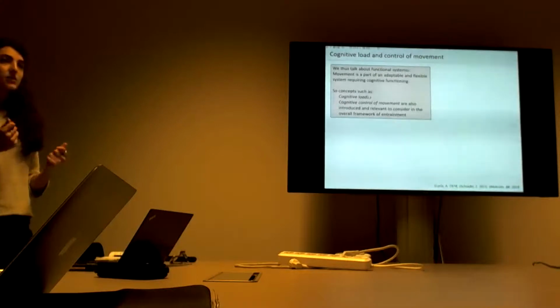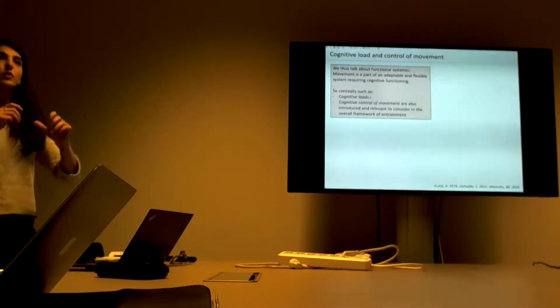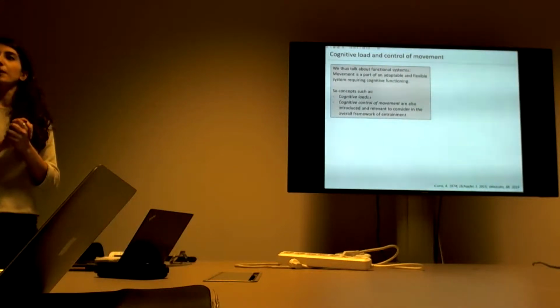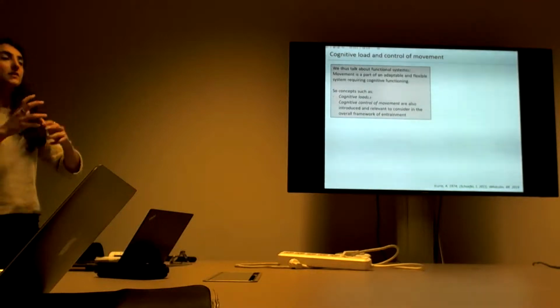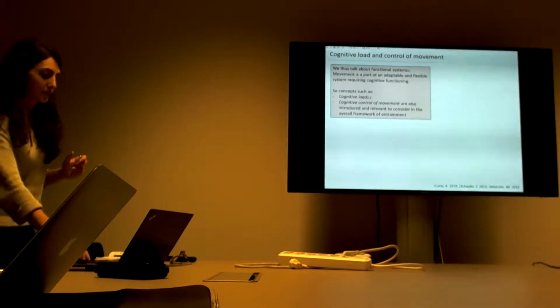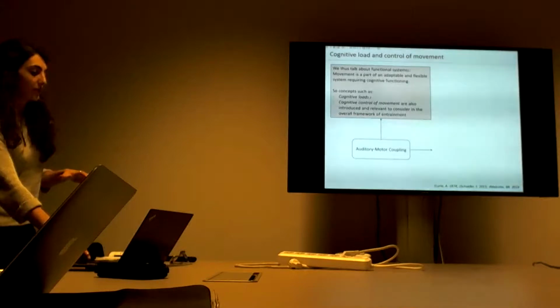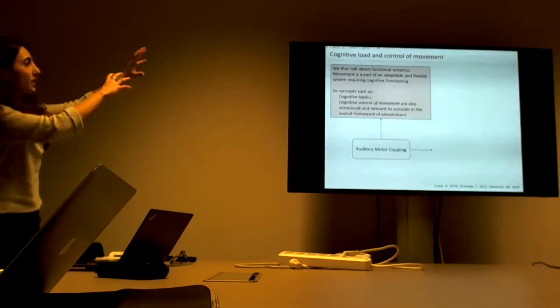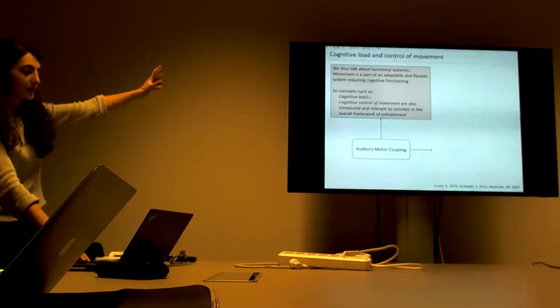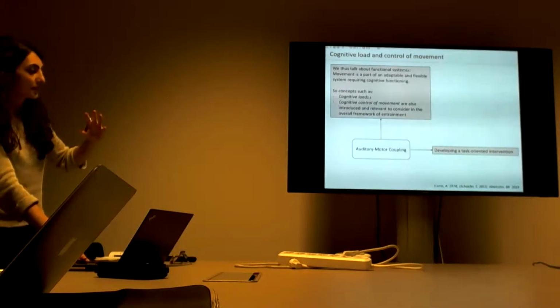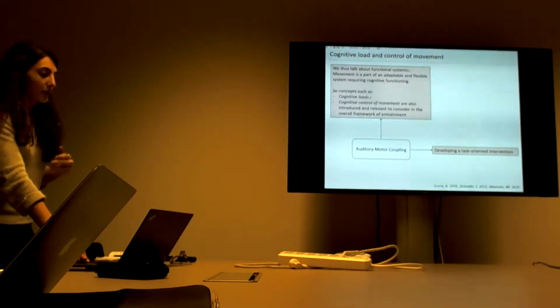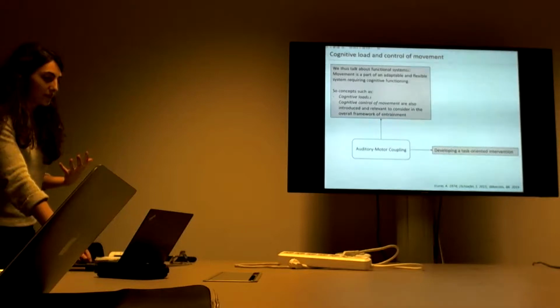I think these are nice aspects to consider when we are building this intervention that is using the concept of entrainment. So that's the idea: to use auditory-motor coupling to develop a concept like this and then move it into an intervention. So how do I propose to do this?